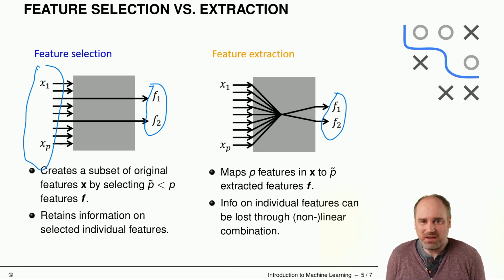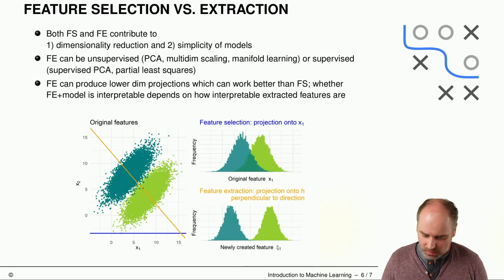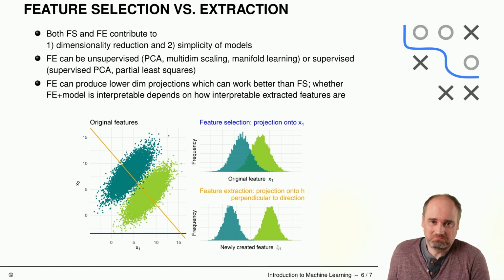So you have to compute this extracted feature during prediction time, which means you still have to collect all of the original features and then do this linear extraction. On the other hand, feature extraction can actually work better in terms of using fewer features in your model, but giving rise to lower generalization error.